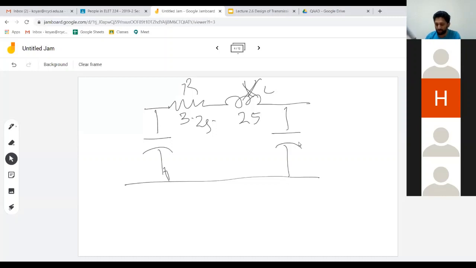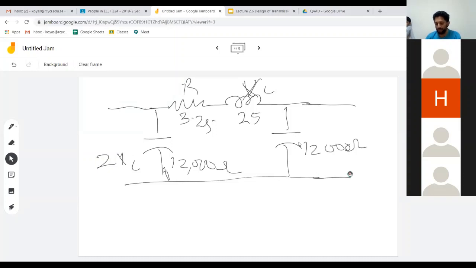So here actually 2 XC will come. 6,000 multiply with 2, so this will be 12,000 ohm, and here also it will be 12,000 ohm. Equivalent circuit, resistance, inductance, capacitance, all came.